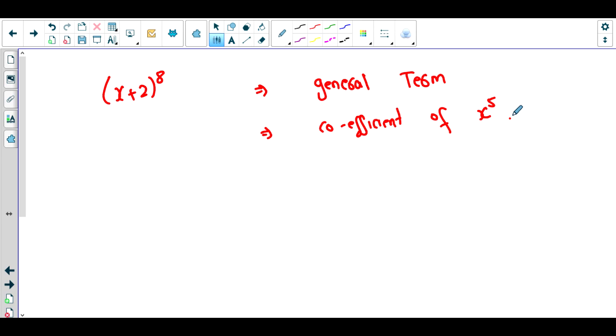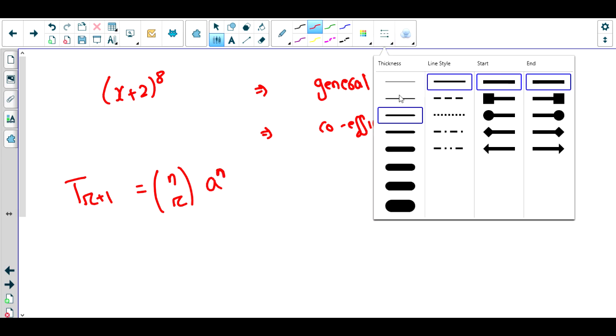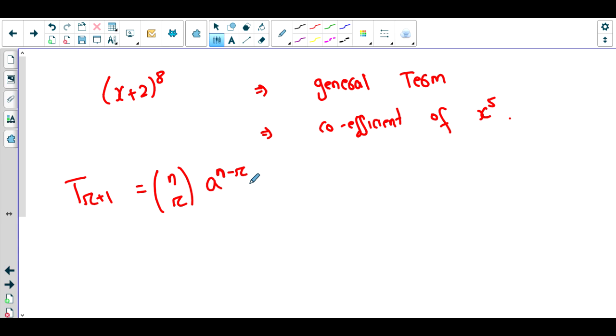The general term formula, is it with us? We just studied it. T r plus 1 equals what? Just let me recall the formula. It is n C r a power n minus r into b power r.